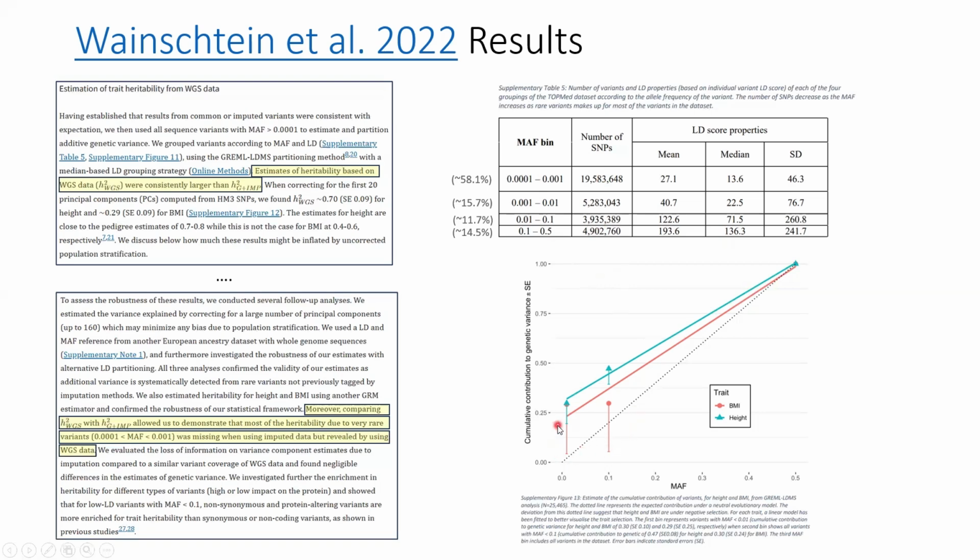But now you see something similar to the earlier GREML-LDMS publication in that you've got this cumulative contribution to genetic variants, and you've got a trend line, and you want to see where the points are above the trend line. So these are for the rare bins, and the idea then is that at least for height, based upon where the error bars are, you can have a relatively greater contribution from the rare variants.